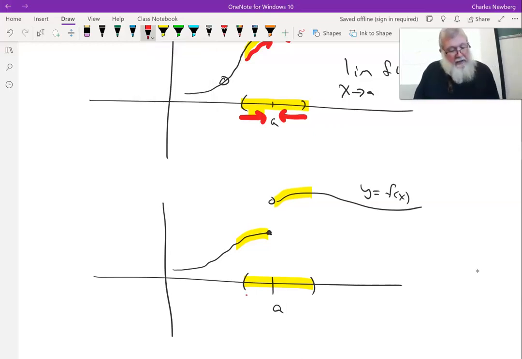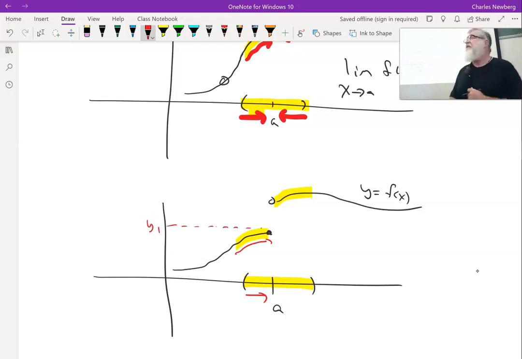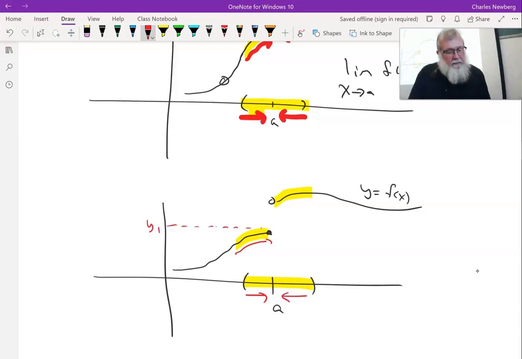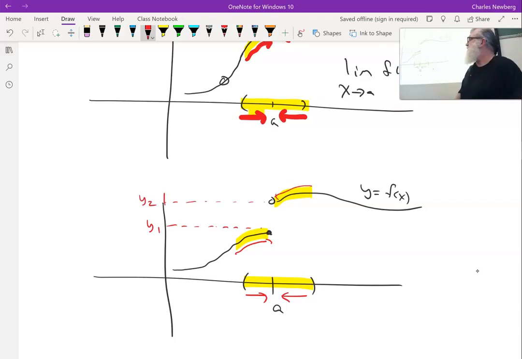As we go into A on this side, what's happening to those y coordinates? Those y coordinates are approaching this value. Let's just call this value y1. As we approach A from this side, what's happening there? They're approaching what? Those y coordinates. We'll call that y2.